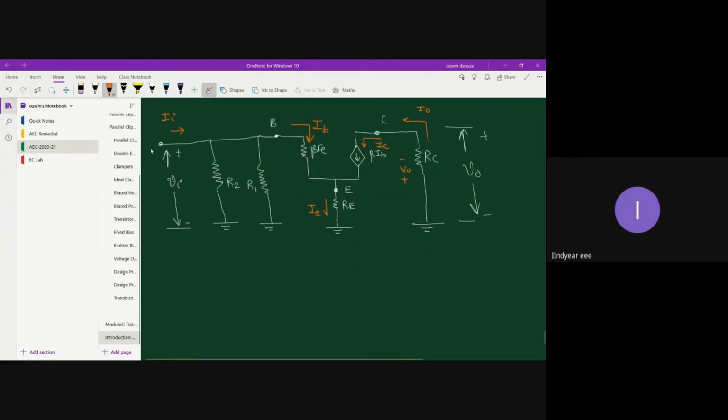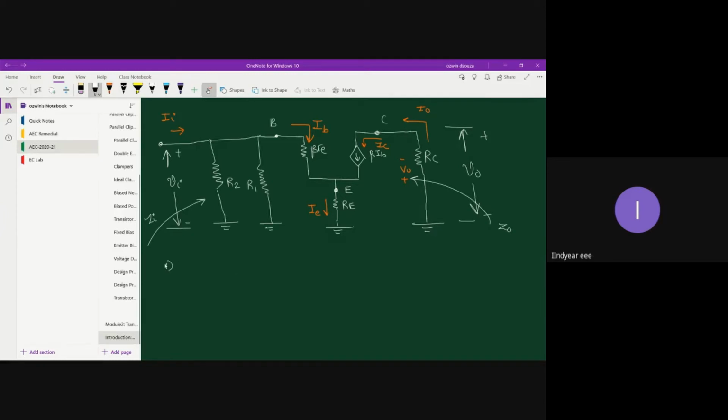So now let us estimate the input impedance, output impedance, etc. This is Zi, and this is Zo. Okay, Zi and Zo.